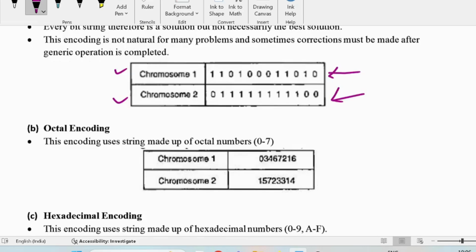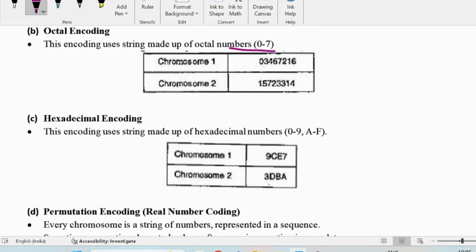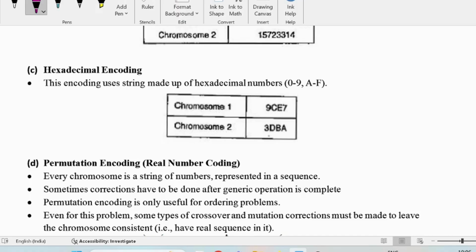Next is octal encoding. We represent them using numbers 0 to 7. The next one is hexadecimal encoding. That is, we represent the same using 0 to 9 or A to F. All these are different examples, they are not the same one.